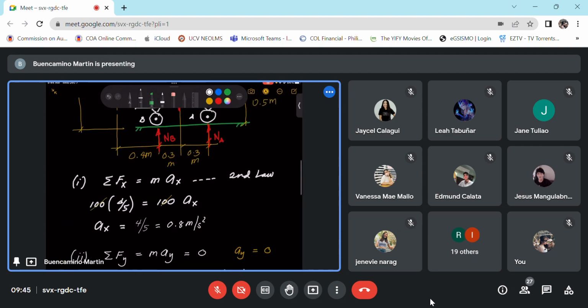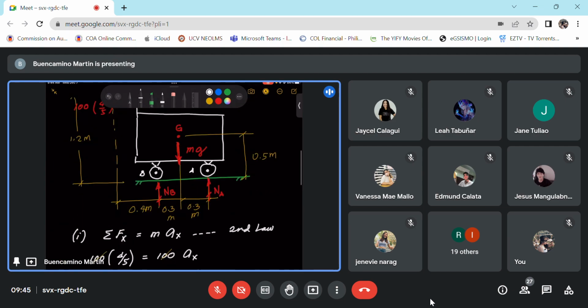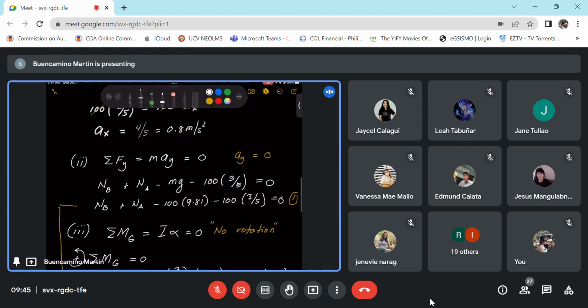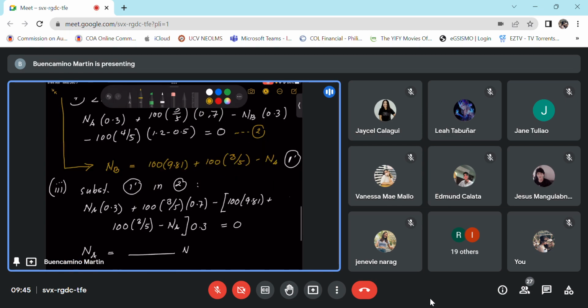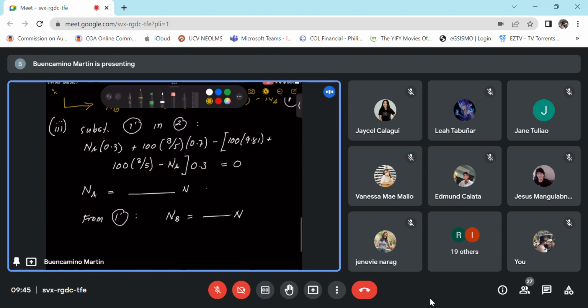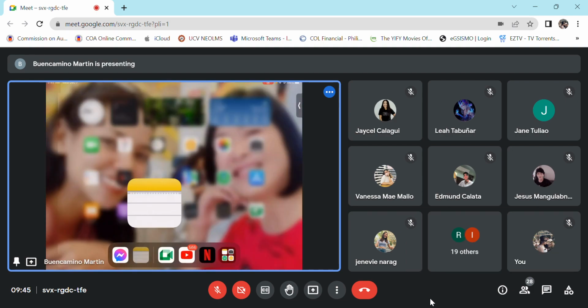Okay. So, ganyan po yung acceleration natin is 0.8. Okay. And then, yung NA natin, at saka yung NB natin, both in newtons.